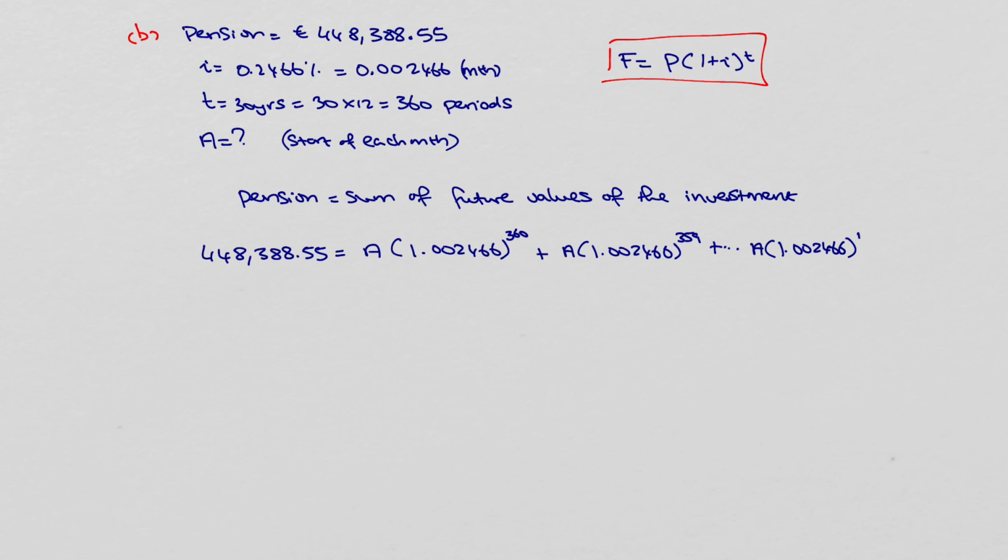And of course we tend to write those in ascending order rather than descending order. So in other words, I'm going to write that as A times 1.002466 to the power of 1 all the way down till we get to the very first amount that went into the account.